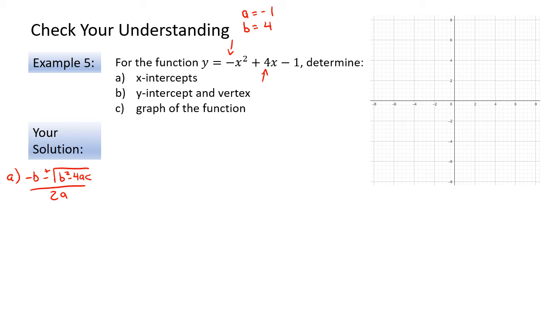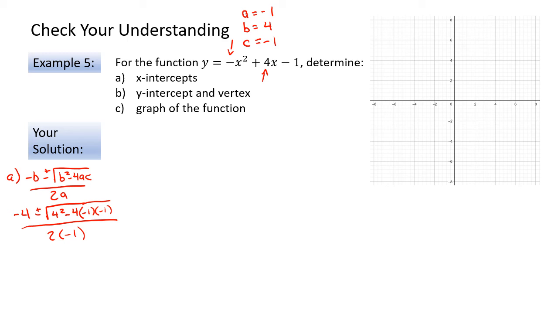And c is the constant, which is negative 1. Substituting those values in, I get negative 4 plus or minus the square root of 4 squared minus 4 times a, which is negative 1, times c, which is negative 1, and that's divided by 2 times negative 1.